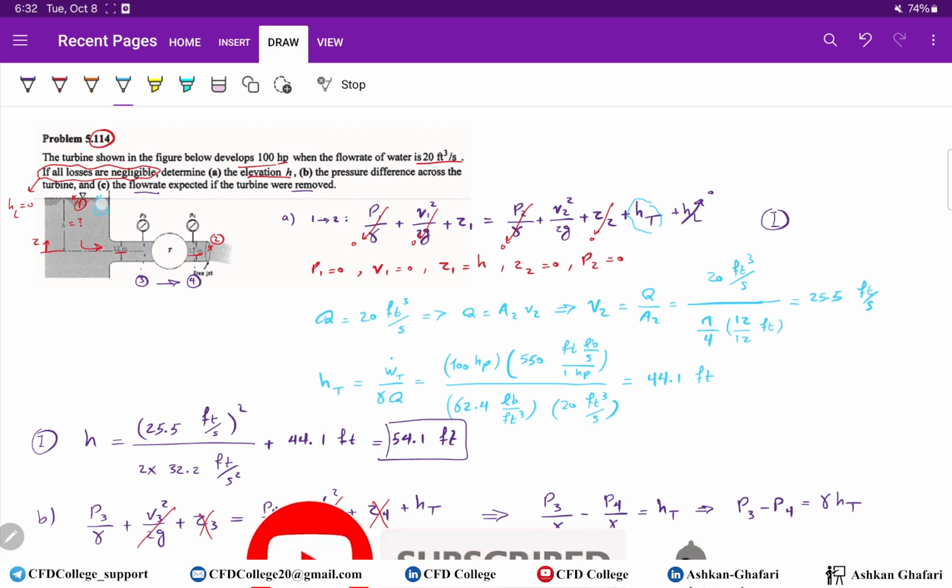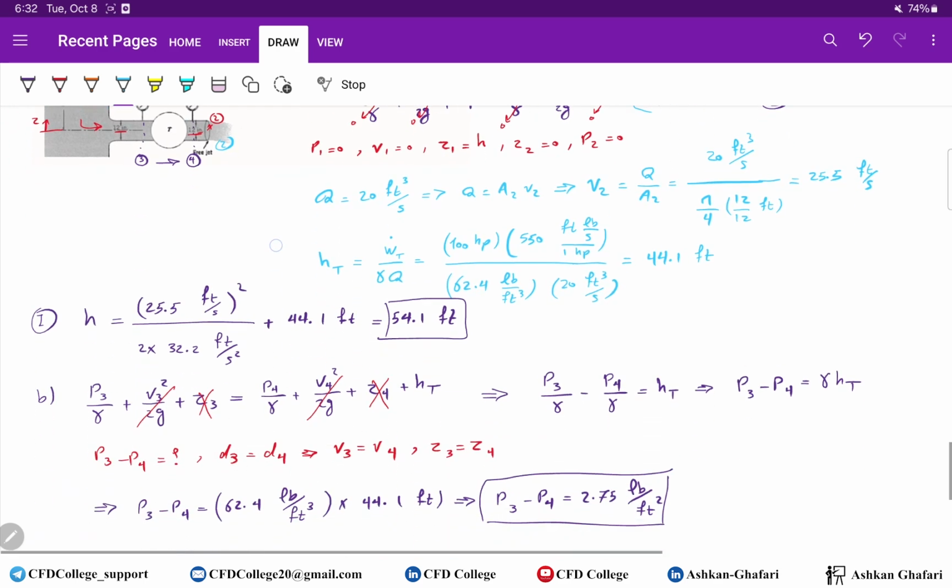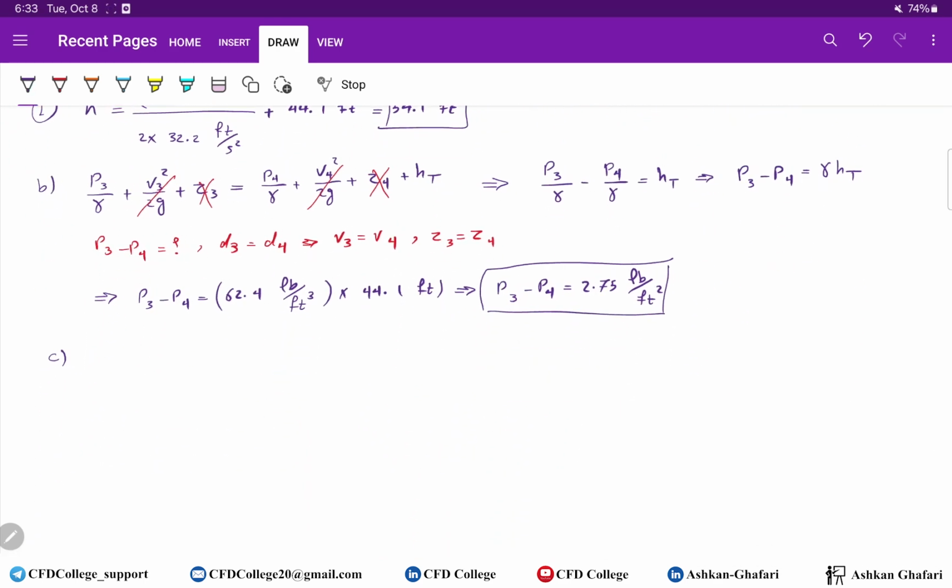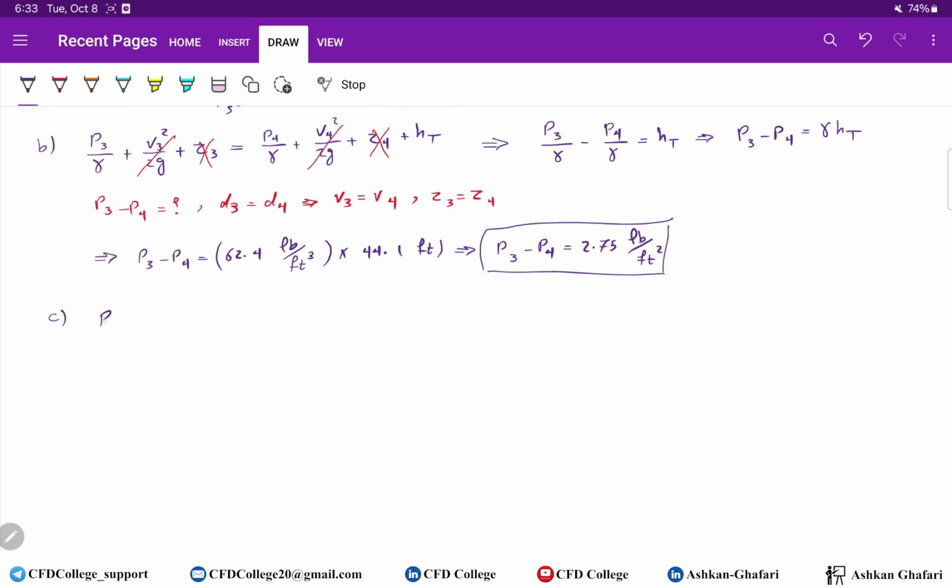This is definitely a key point, point 1, and point 2 is at the outlet, because there is no turbine, so there is no point 3 and point 4. So again, P1 over gamma plus V1 squared over 2G plus Z1 equals P2 over gamma plus V2 squared over 2G plus Z2 plus HT plus HL. There is no turbine, there is no loss.